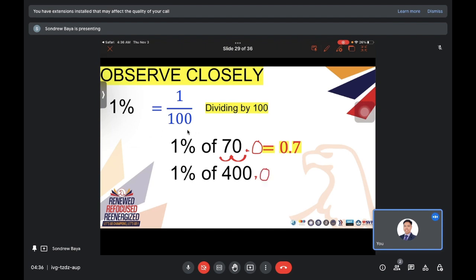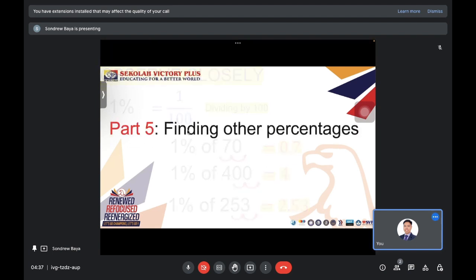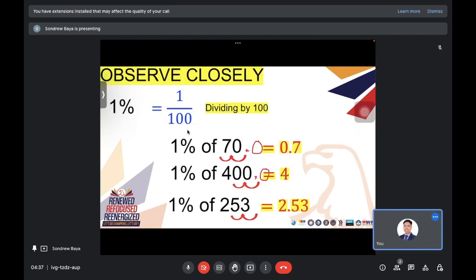Move the decimal 2 places to the left. 1, 2. Therefore, this becomes 4. Okay, and these are also common percentages. 1% of 253. Move the decimal places to the left. 1, 2. This becomes 2.53. All right. And that's the end of part 4.